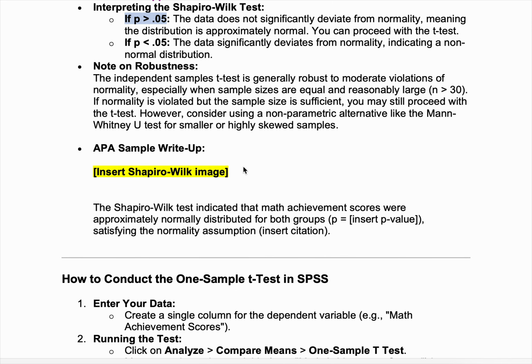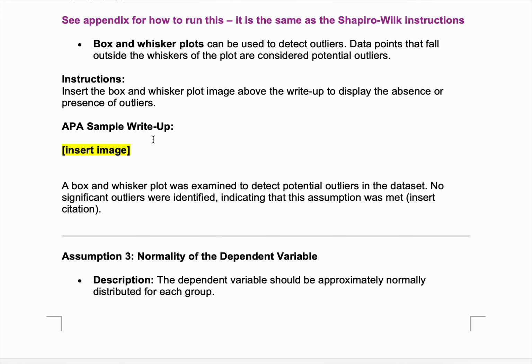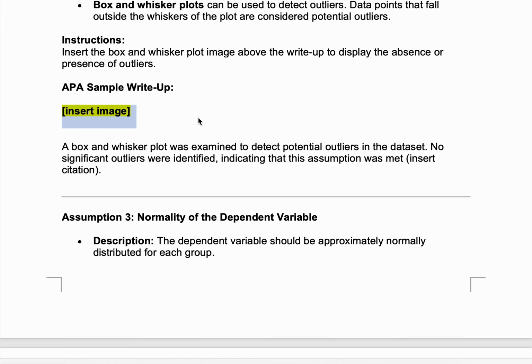And that's kind of the key. And so you'll insert your image of that Shapiro-Wilk table, and you'll do your write-up by inserting your p-value in here for the Shapiro-Wilk. You'll also insert your image for the box and whisker plot here to do your sample write-up.